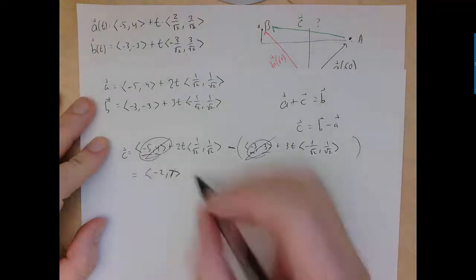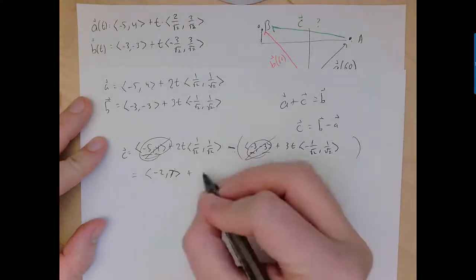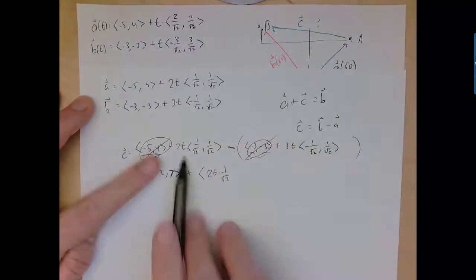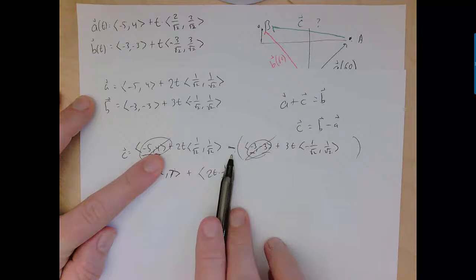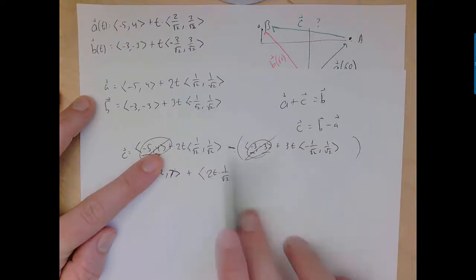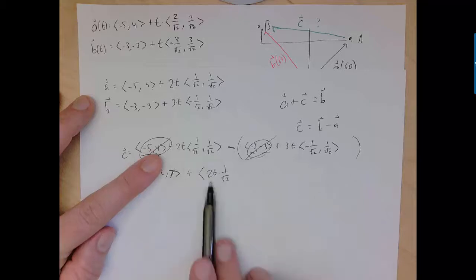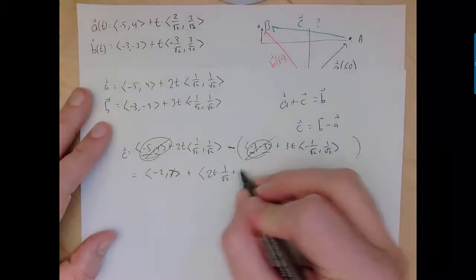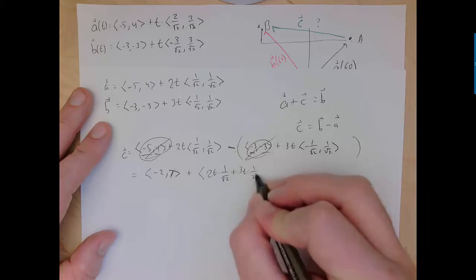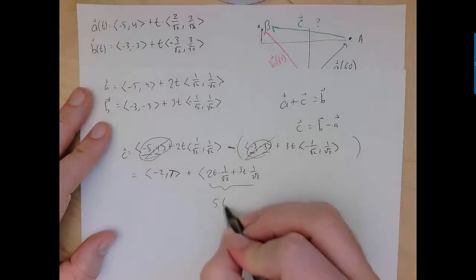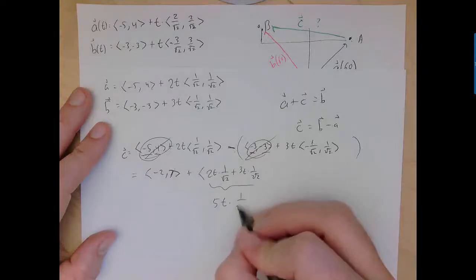Here I've got 2t times 1 over root 2, and then I'm subtracting 3t times negative 1 over root 2. So these negatives cancel, so that's like 2t times 1 over root 2 plus 3t times 1 over root 2. So put those together, and that gives us 5t times 1 over root 2.